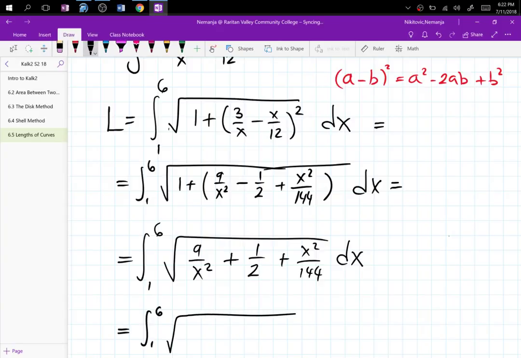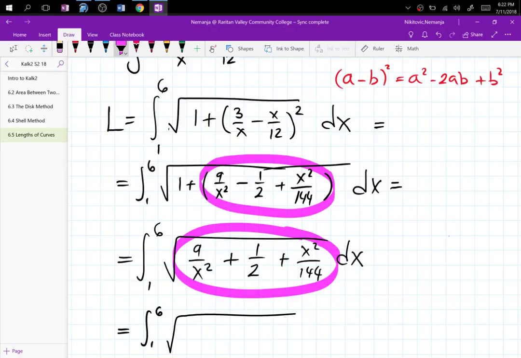The $1 million move now is for you to realize that this expression here and this expression here are the same, except for the sign of the middle term. Do we see they have the same numbers? Yeah. It's just that the one half is negative or positive.